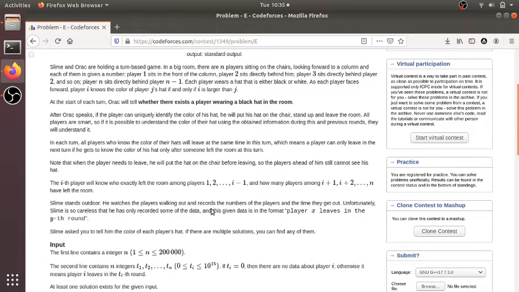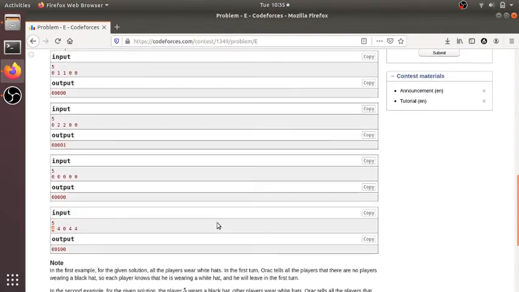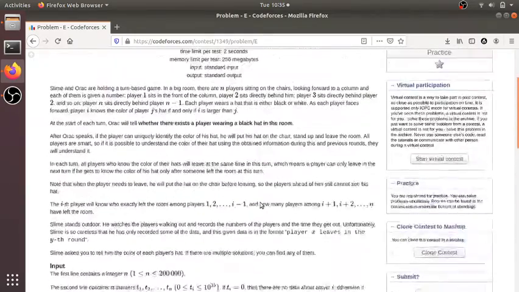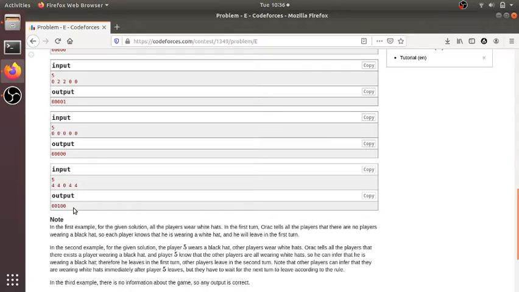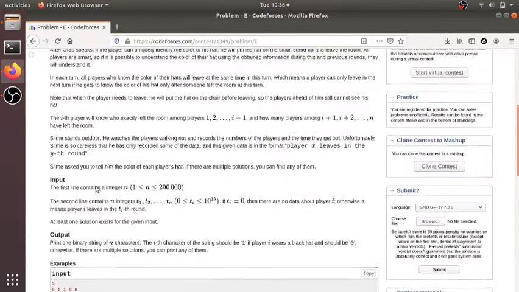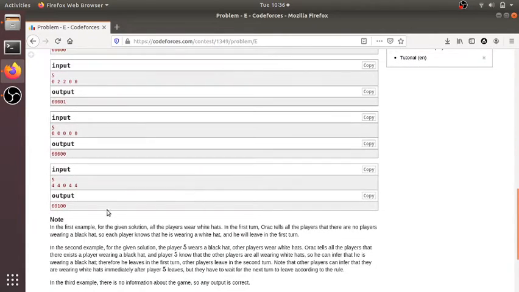They can already see us. So if Orak says that there is one black hat, he does not say how many black hats, he just says there is a black hat. Okay, so 1, 2, 3, this one, 4, 4.